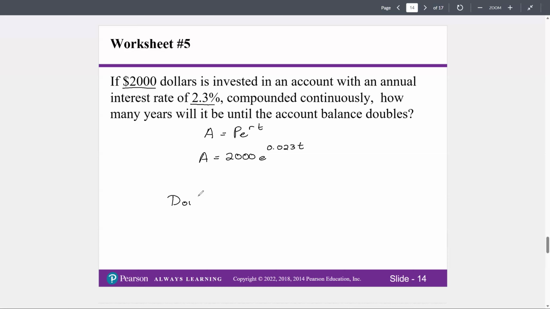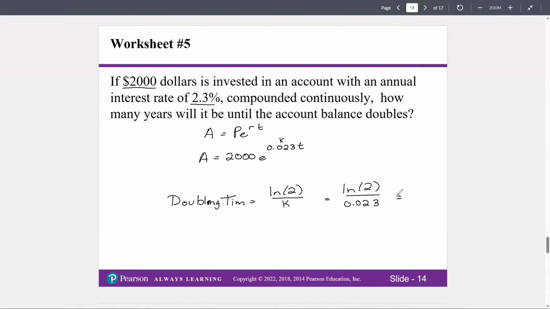So doubling time is equal to natural log of 2 divided by k. This would still be my k, even though here I use that. So natural log of 2 divided by 0.023, oops, I accidentally put the sine function here.